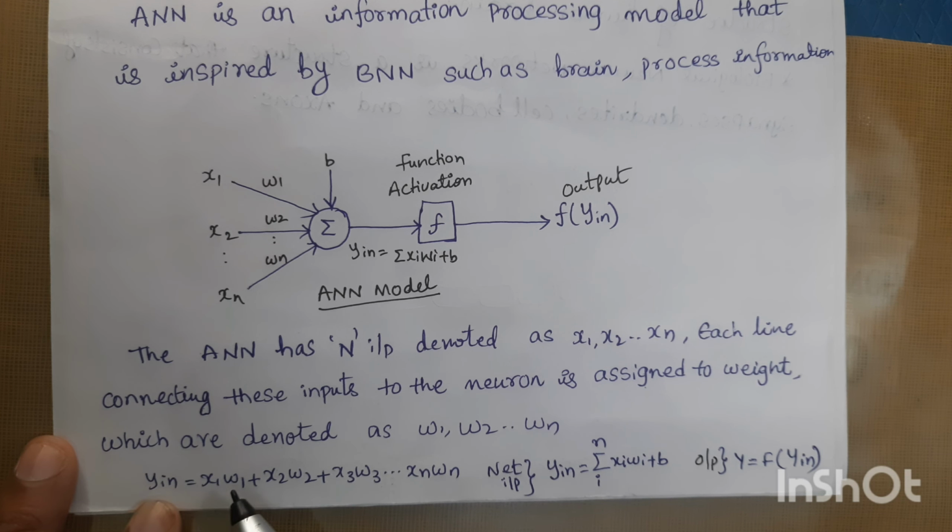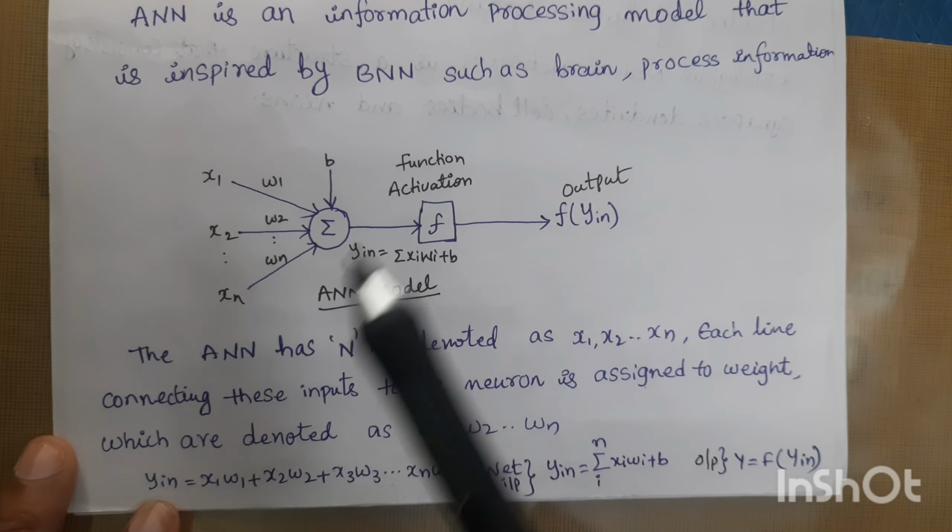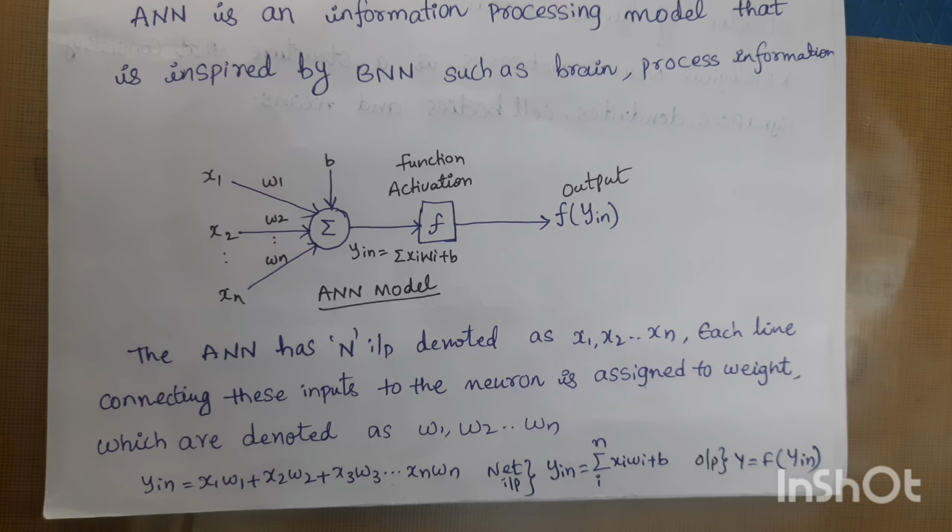So Yn is equal to x1 w1 plus x2 w2 plus x3 w3, so on up to xn wn. Now what is the net input? Yn is equal to sigma xi wi plus b. So this is called the output value. So this is all about the ANN basic model.